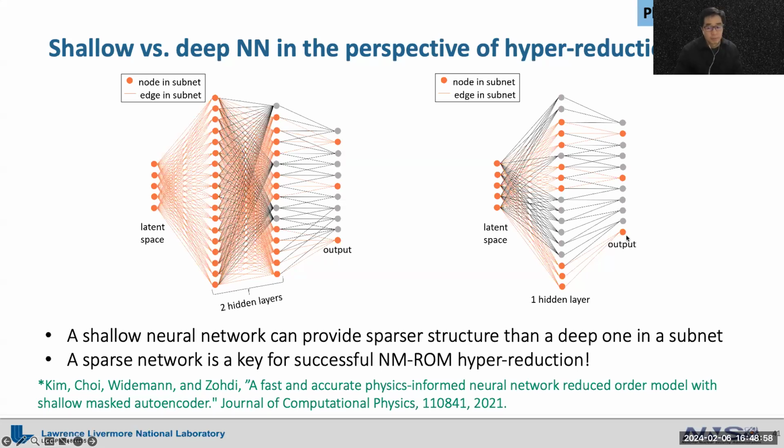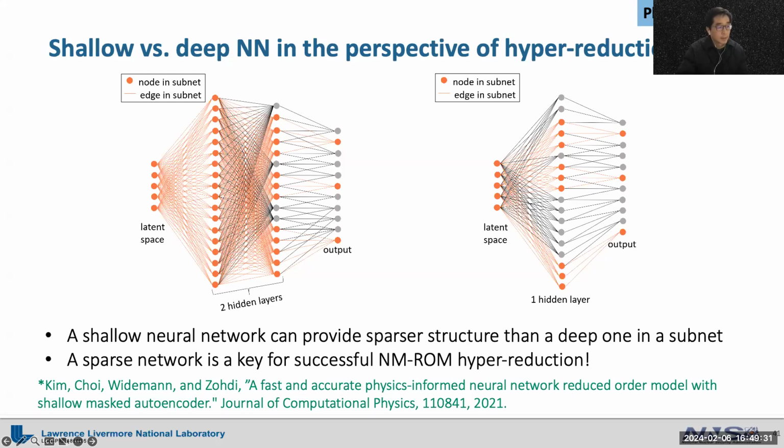But recently, many other groups have come up with different types of hyperreduction techniques. Instead of the masking and subnet approach, they use a second decoder, a second fully connected neural network, and just train it from the latent space dimension to the collocation points only.